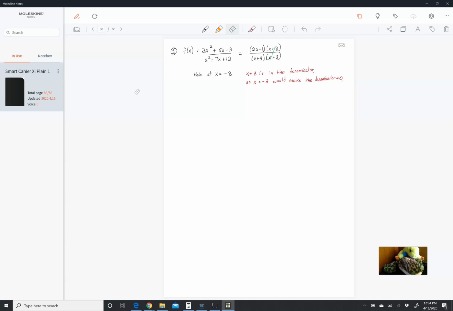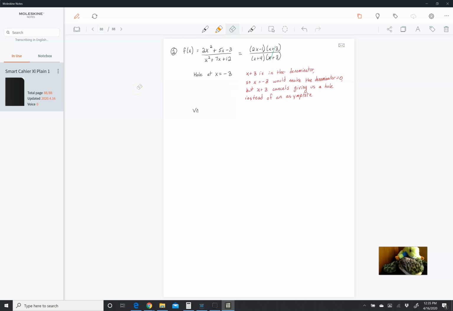Right? But x plus 3 cancels, giving us a hole instead of an asymptote. So we're still saying x can't be negative 3, okay? It's just that we have a hole there instead of an asymptote.